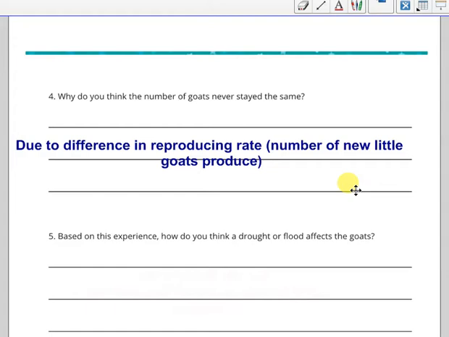The number of new goats next year may be 10, maybe 12, maybe 15. So the difference in this number causes the difference in the number of goats. So the number of goats never stayed the same.